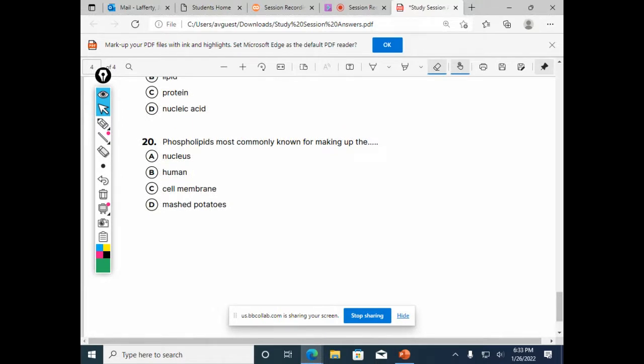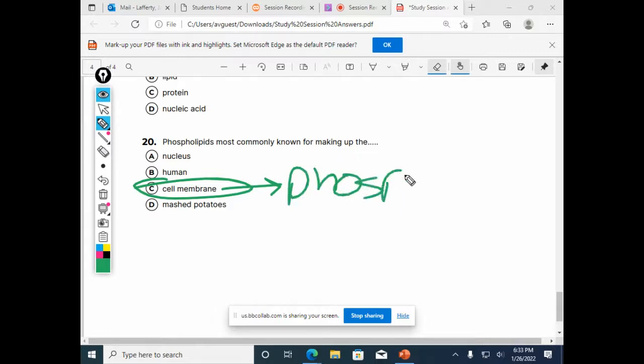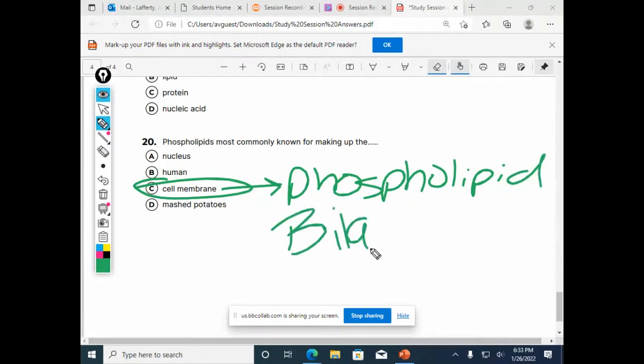Phospholipids are most commonly known for making up the cell membrane. Good. And remember that the cell membrane is a phospholipid bilayer.